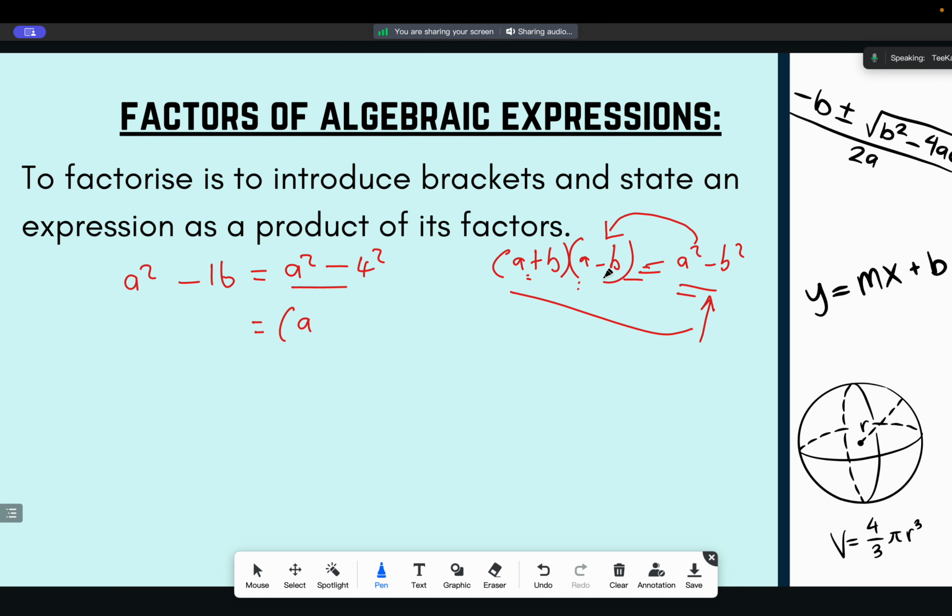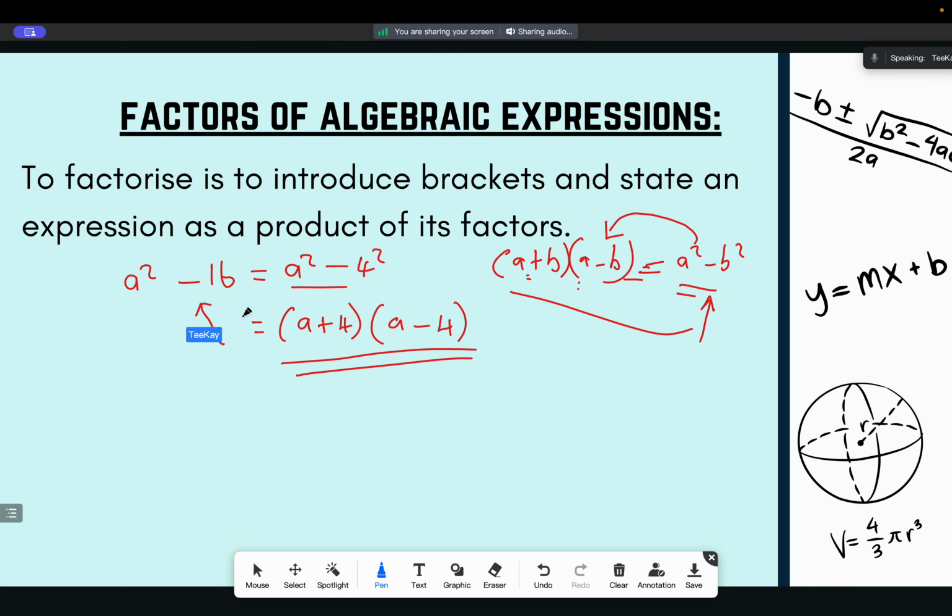We try to have the same thing we have here. So a plus b, but b is 4. And the next one is a minus b, of which here b is 4. And now we have it factorized. And if you try to expand this, you will see it will come back straight to this one.